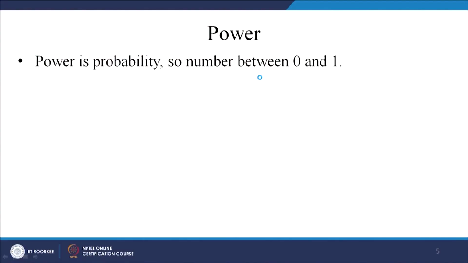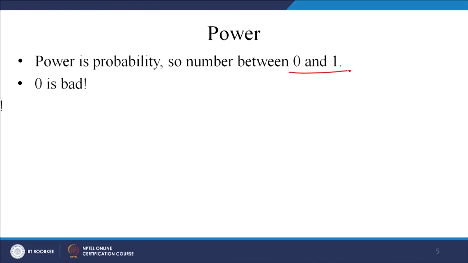Now, let us come to the discussion of this power. Power is a probability, so like any probabilistic value it lies between 0 and 1. If it is towards 0 it is poor, and the closer to 1 it is, the better or stronger.